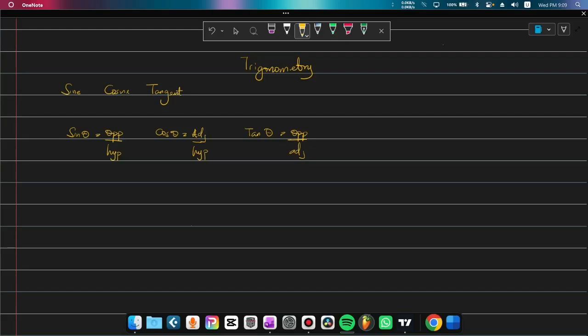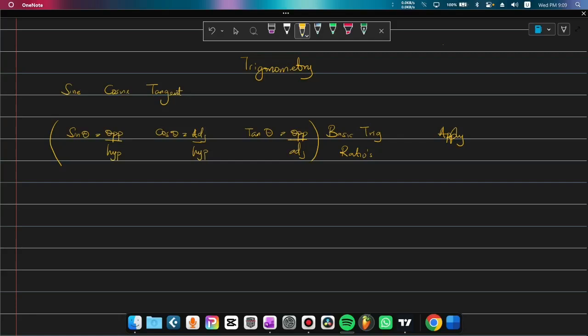Please, these basic trigonometric ratios that we have, I call them basic trigonometric ratios. These basic trigonometric ratios apply to only right angle triangles. We still have more trigonometric ratios for non-right angle triangles where we have the sine rule and the cosine rule.